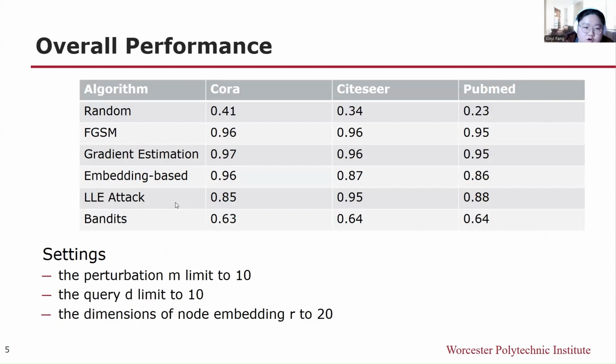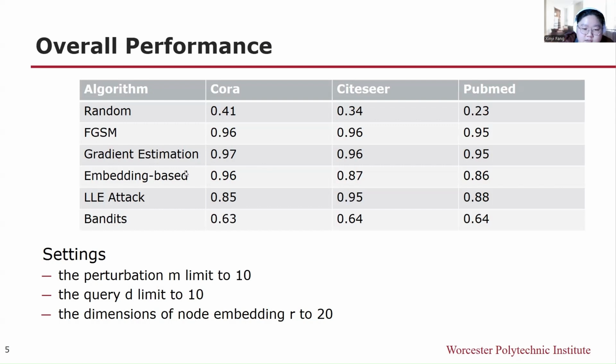And here is our overall performance. We set the perturbation limit to 10, the query limit to 10, the dimensions of node embedding to 20. And we can say that our black box gradient estimation performs close to FGSM. And for the Cora dataset, it even performs better.